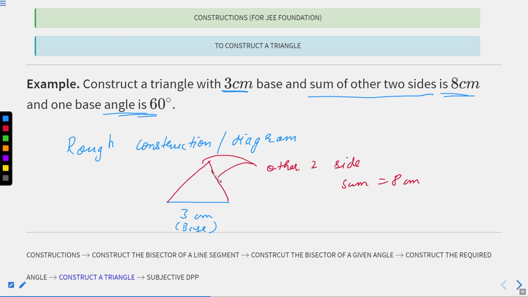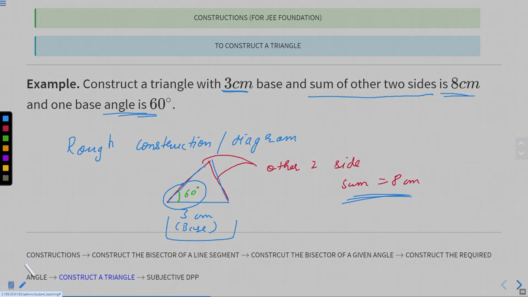I hope this is clear. And say this is one of the base angles, which is 60 degrees. So the final diagram will look like this, with a base of 3 centimeter, one base angle of 60 degrees, and the sum of this and this side, the red colored two sides, will be 8 centimeter. So let's begin with this information.